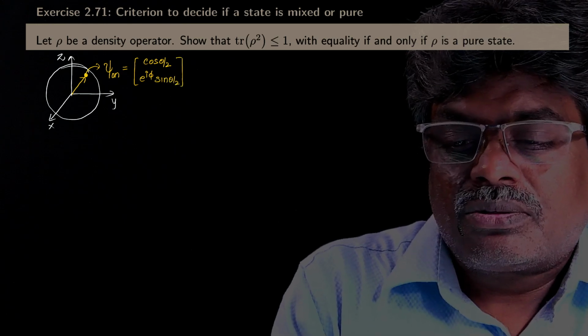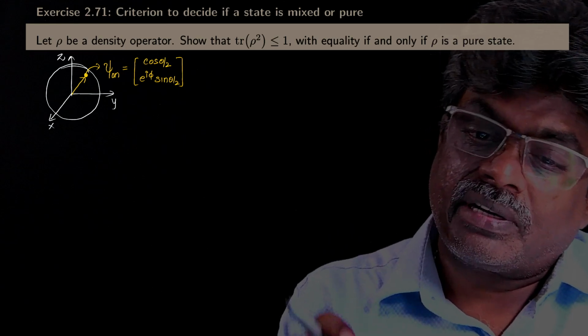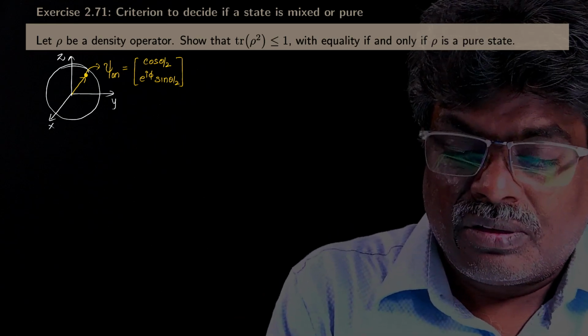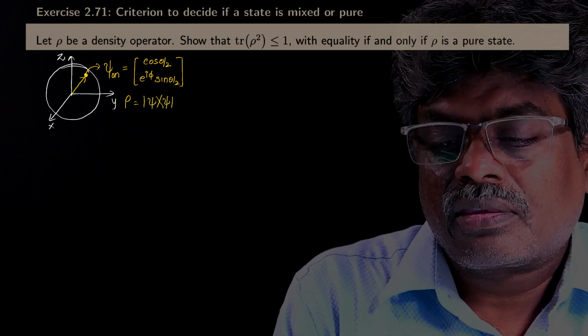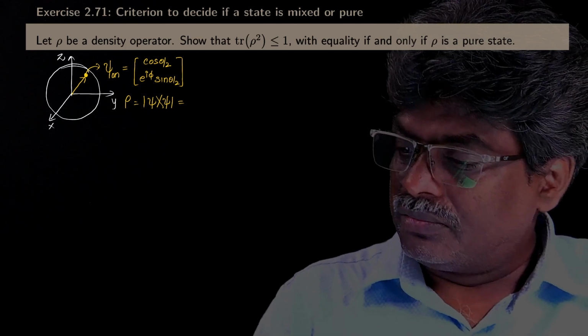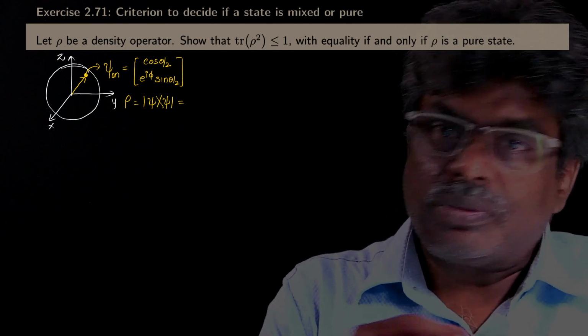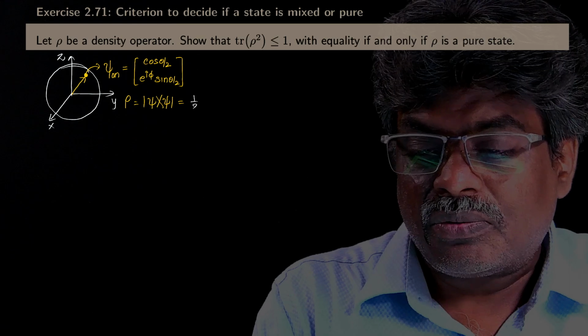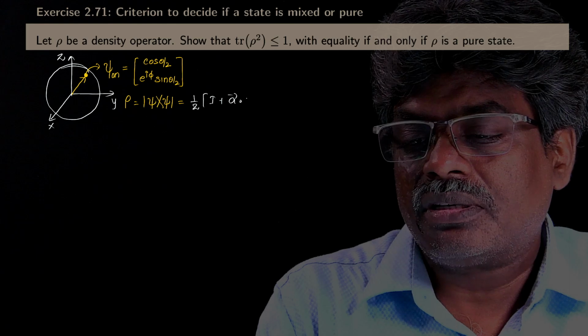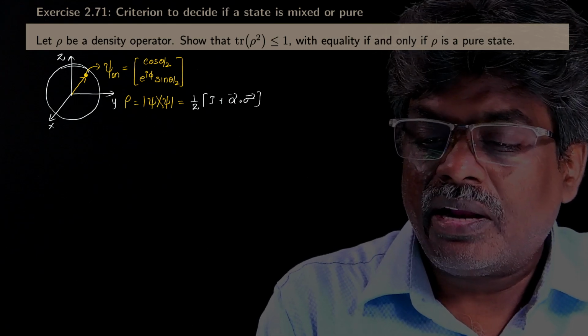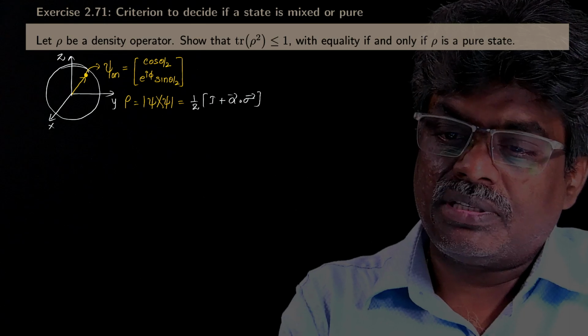Fine. So now I am going to define the density operator corresponding to this point, which is nothing but the outer product of psi. Okay, if I substitute this and simplify, I will get 1 by 2 into I plus a bar dot sigma bar. Here I am not deriving this, because the next question is about this only.